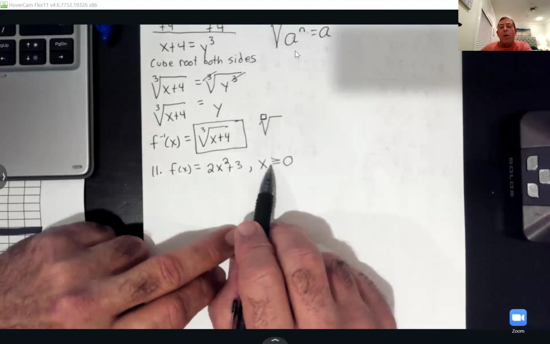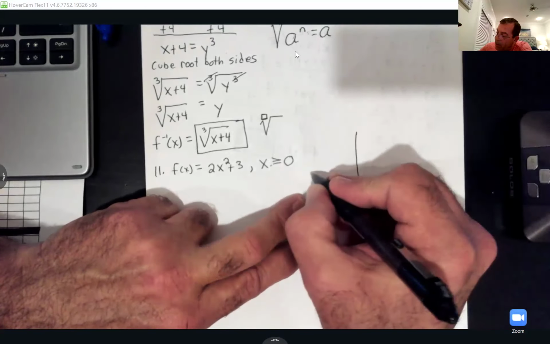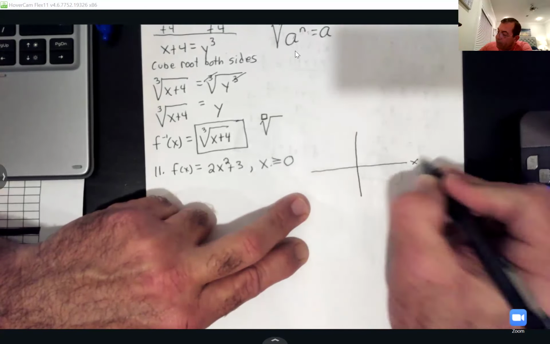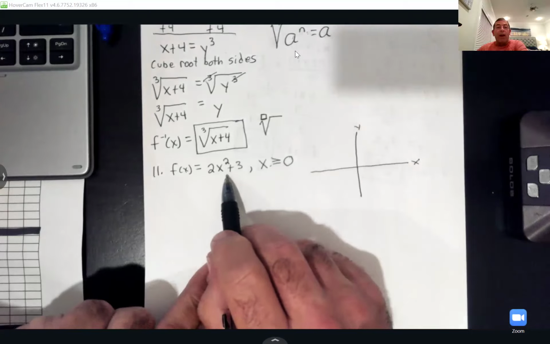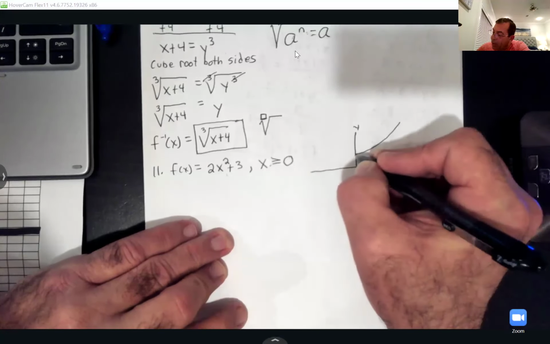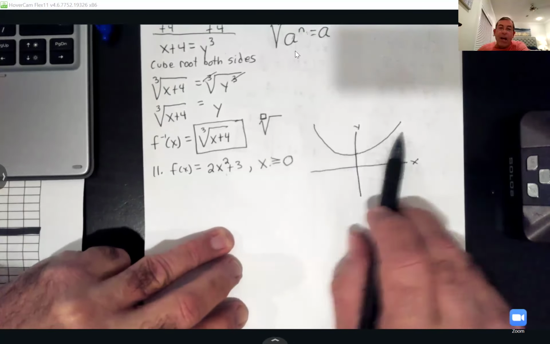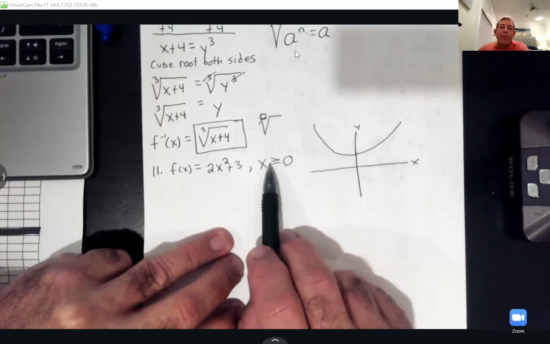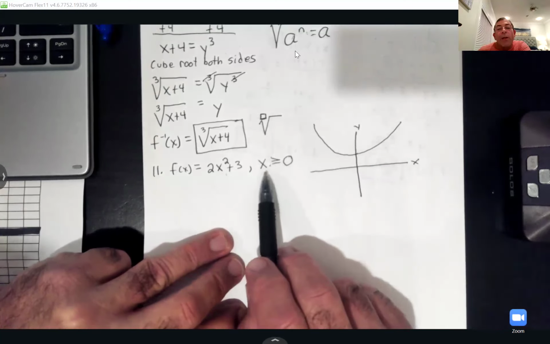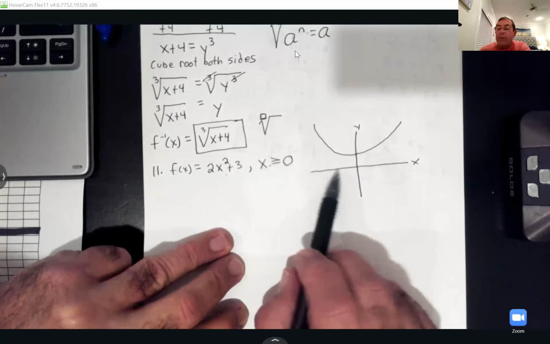If you remember a while ago when I was talking about the one-to-one stuff, if you were to graph this one, it would look like a parabola going uphill on both sides. This is not one-to-one, but look what they're saying. They're saying we're only looking at the graph for any x's that are greater than or equal to 0.